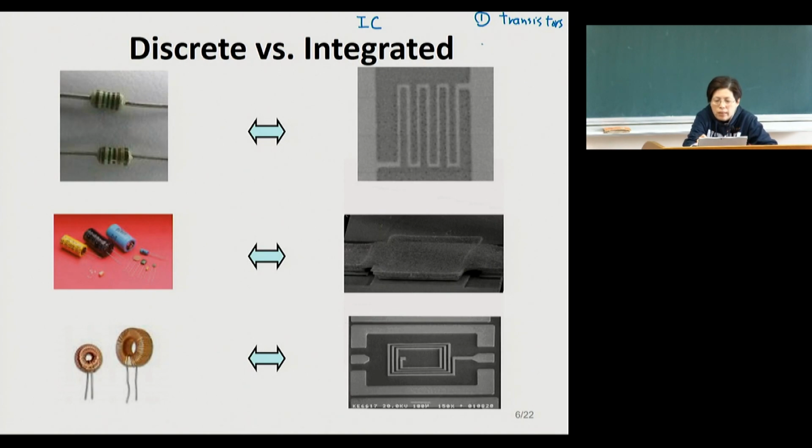The next thing is that you have interconnects, interconnect layers. So the purpose of IC technology is mainly to make transistors and make the wiring connecting these transistors.